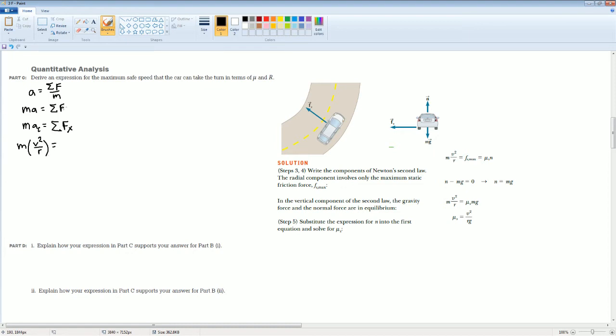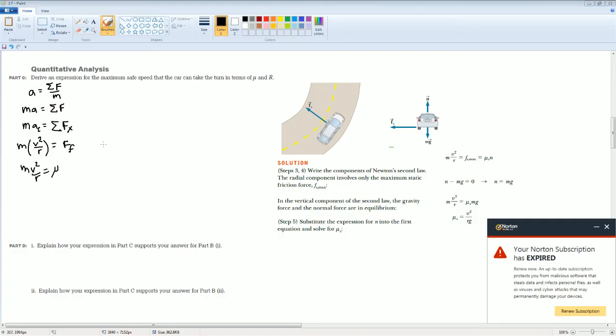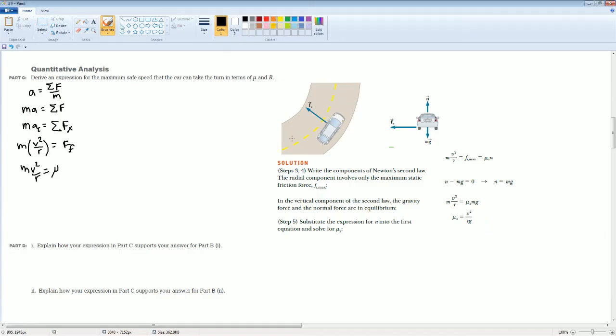And the only force that is supplying the centripetal force here is the force of friction. But we know what the force of friction is. We know that that is mu times the normal force.